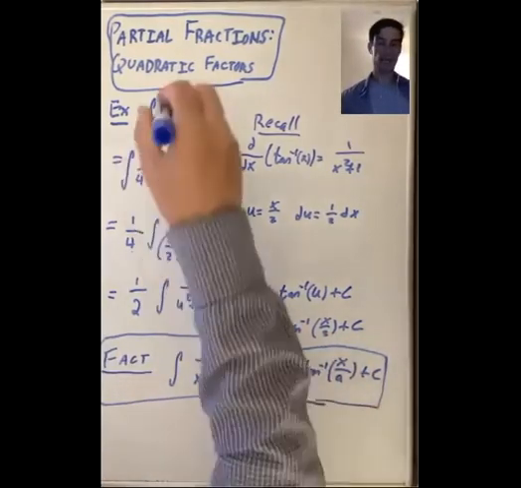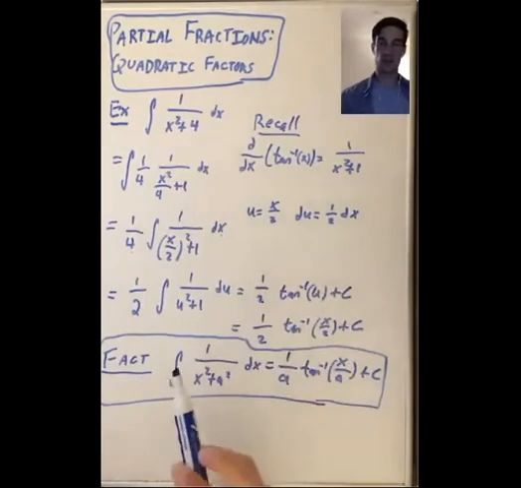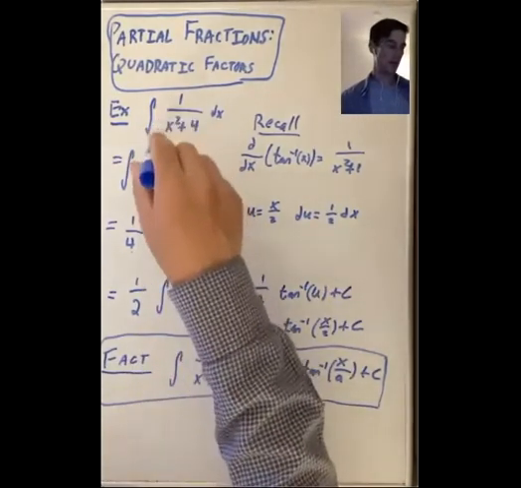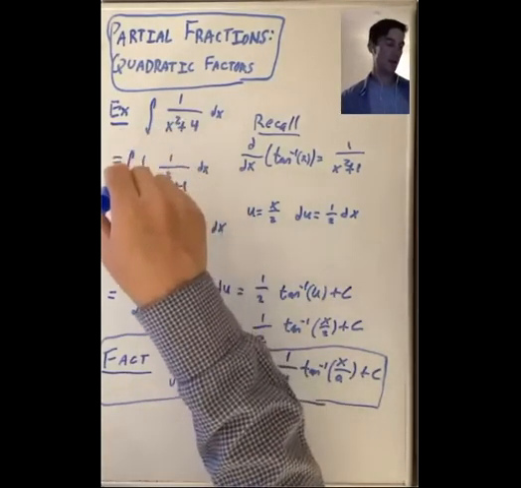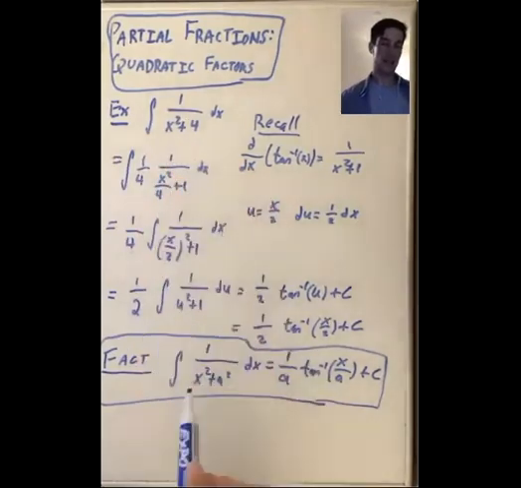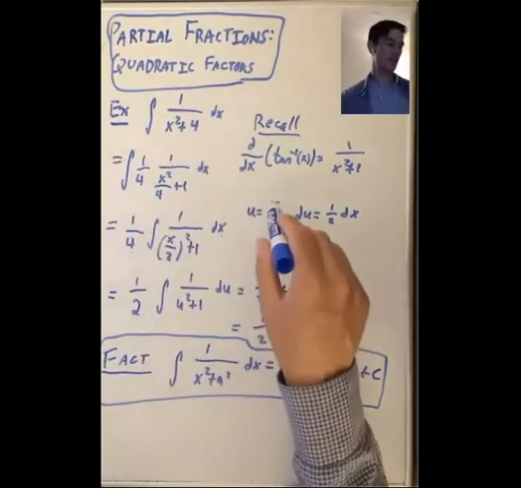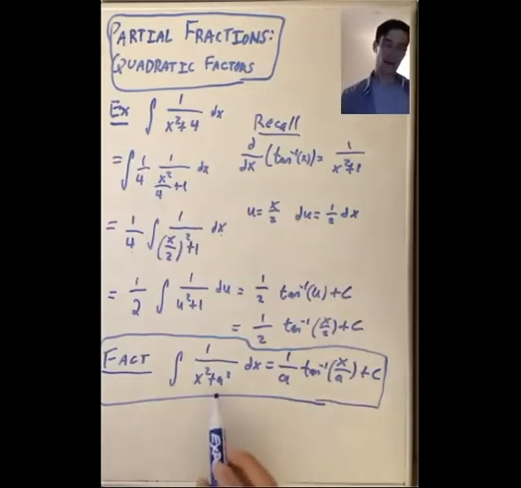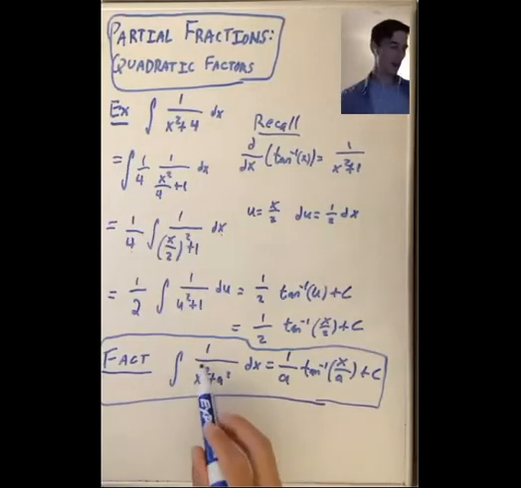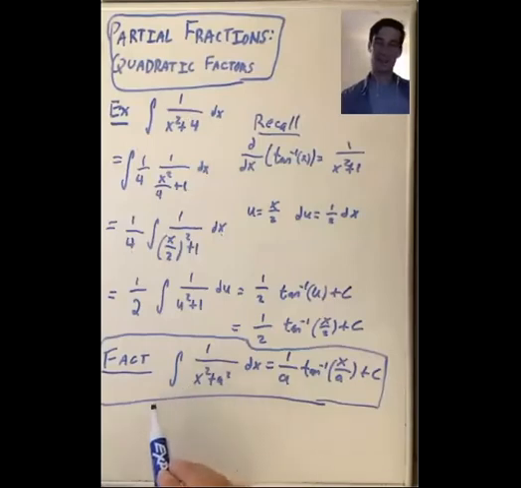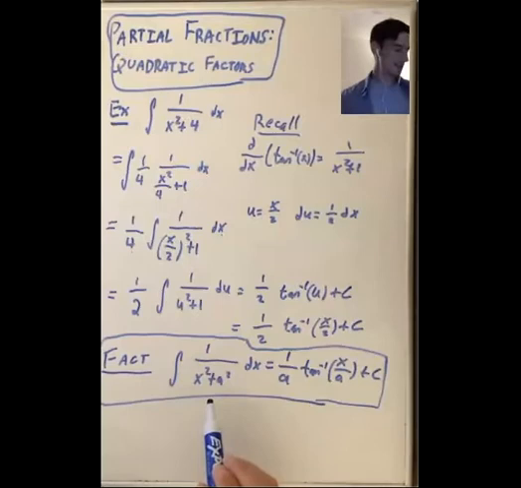You can prove it by going through exactly the same type of argument here, where you pull out your 1 over a squared, you put one of the 1 over a's with the dx, then you do this u substitution with x over a. I'll also point out this is the square root of x squared plus a squared, squared. So you can also do this integral with a trig sub where x equals a tan theta.